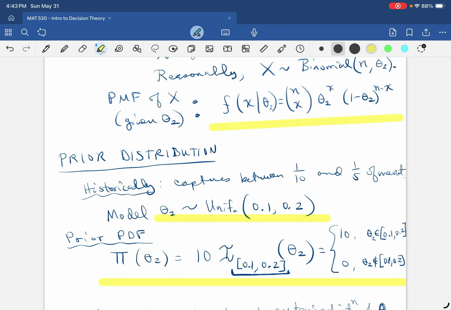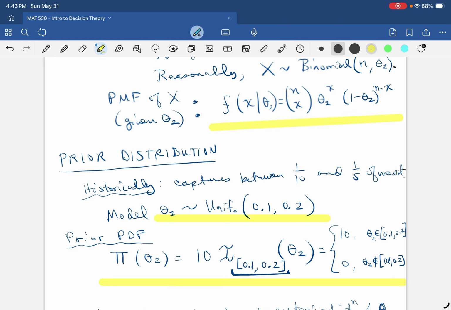So the base is 0.1, the height is 10, so the total area is 1. That comes straight from the uniform distribution. And so there we have a prior distribution for theta 2.